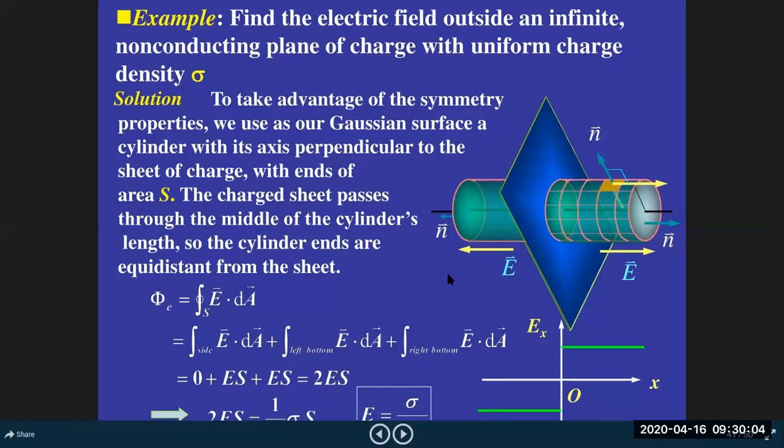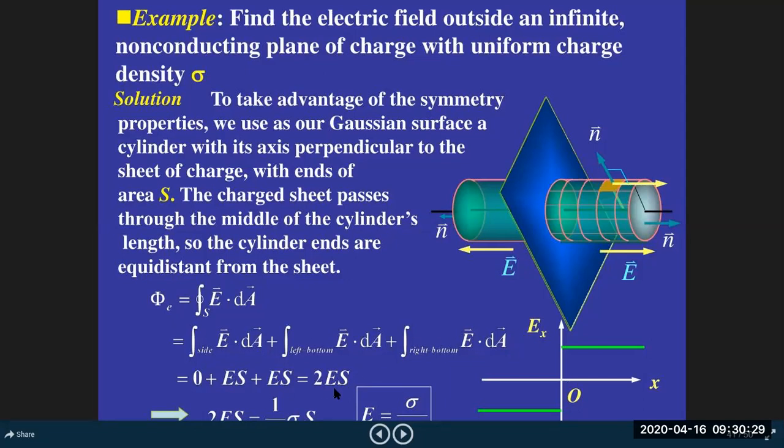Now put this value in the Gauss law equation. That is, total flux, the integral of E dot dA, equals Q by epsilon naught, and put the value of Q equal to sigma into S, and the value of the integral is equal to 2ES, because after integrating all these things we have got this.